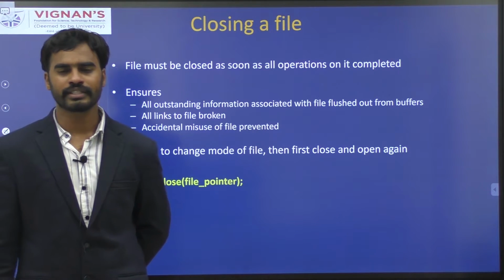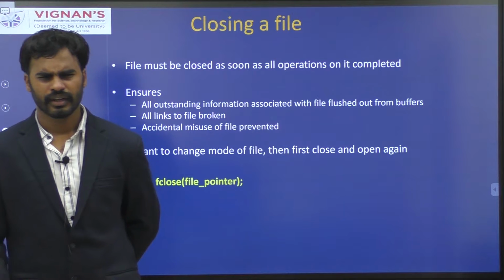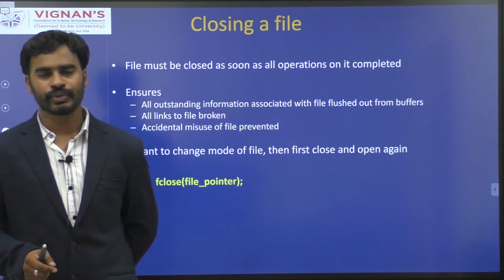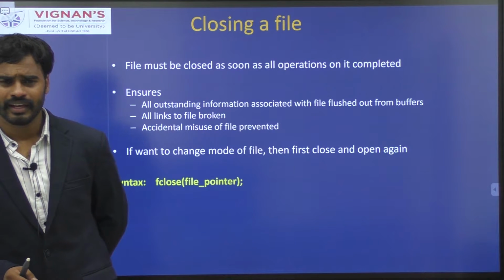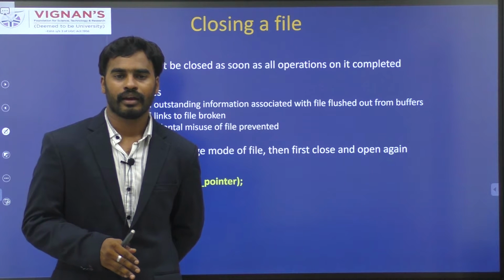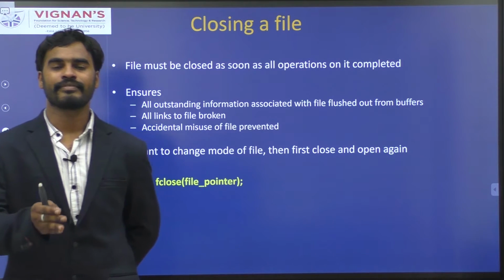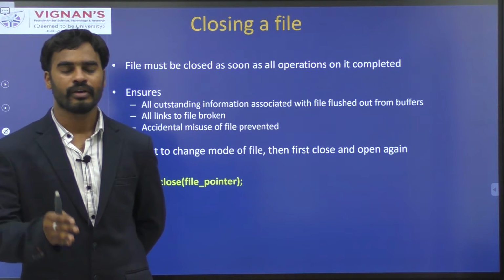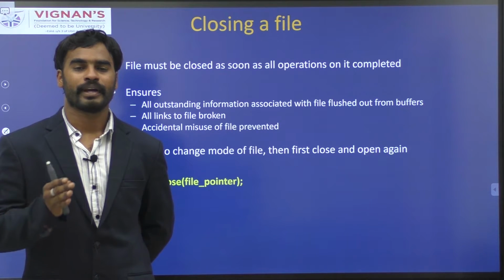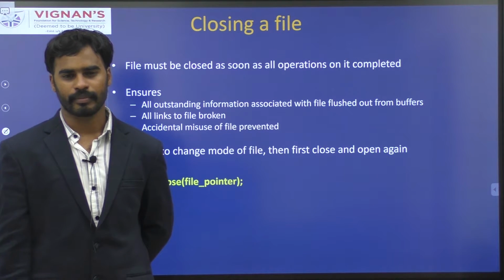It ensures that all the file links are broken, and it protects from accidental misuse. The main reason why we close a file is, once you close the file, that file is available for other applications. If you don't close the file, that file cannot be accessed by other applications.